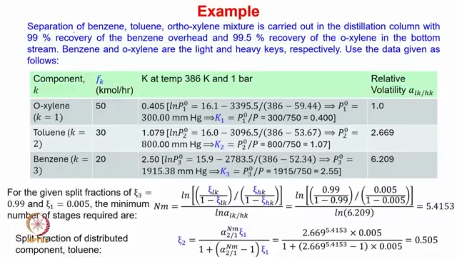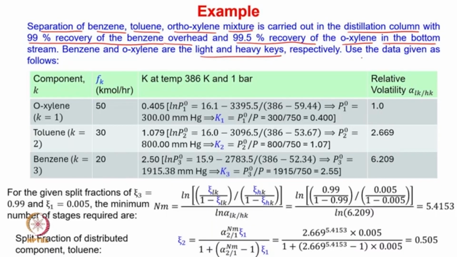In this case we are looking at the separation of a benzene, toluene, orthoxylene mixture in a distillation column with 99% recovery of the benzene at overhead and 99.5% recovery of the orthoxylene in the bottom stream. So benzene and orthoxylene are the light and heavy keys that we have already specified.